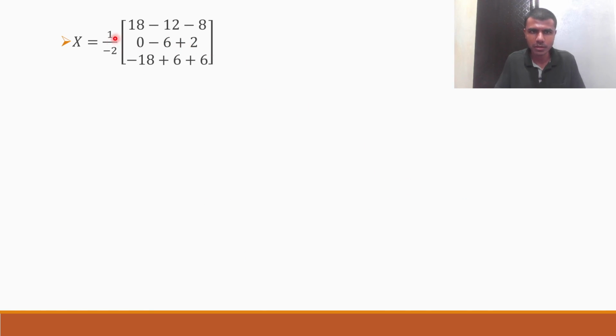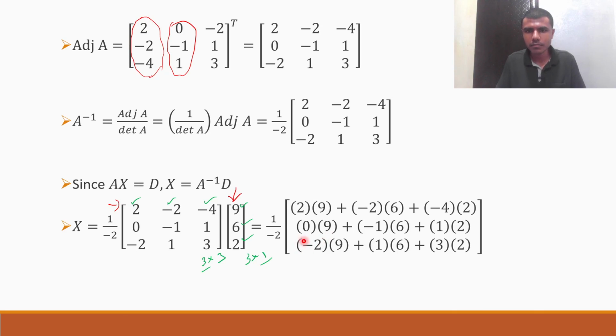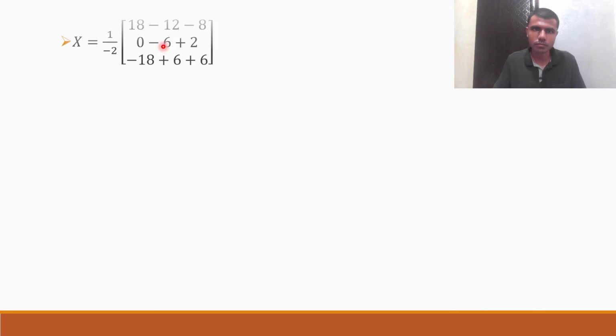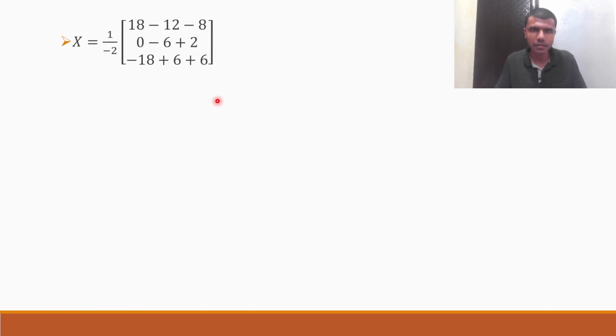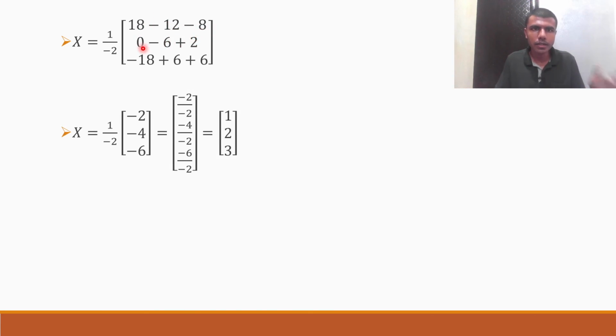And here 0 minus 6 plus 2, and here minus 2 into 9 is minus 18 plus 6 plus 6. 3 twos are 6, right? So now basic simplification, guys. 18 minus 12 is 6, 6 minus 8 is minus 2, and minus 6 plus 2 is minus 4, and 6 plus 6 is 12, minus 18 plus 12 is minus 6.